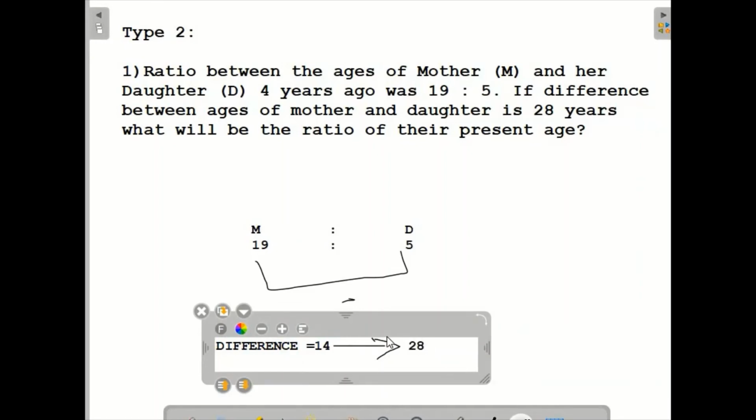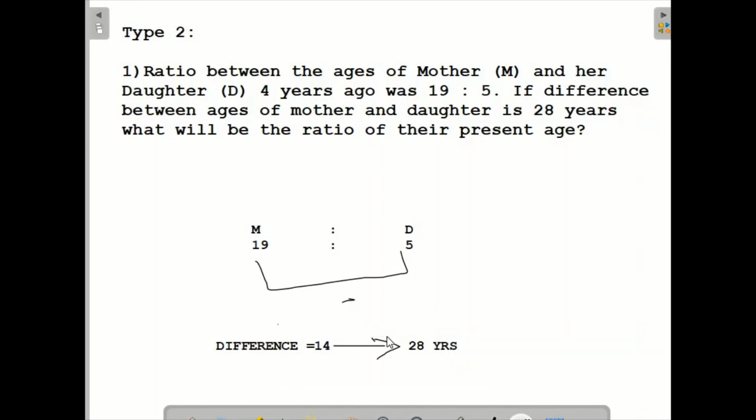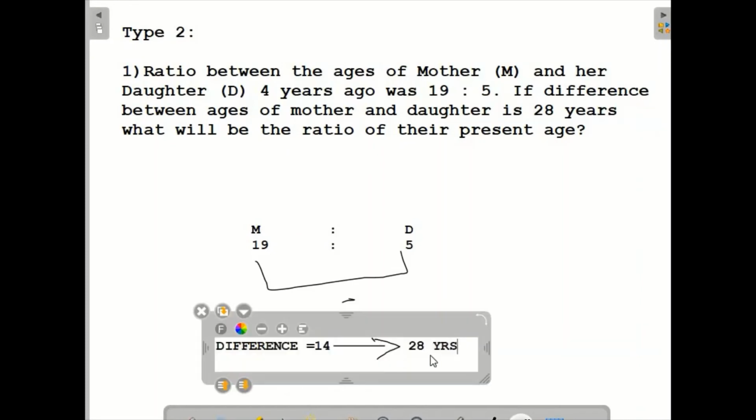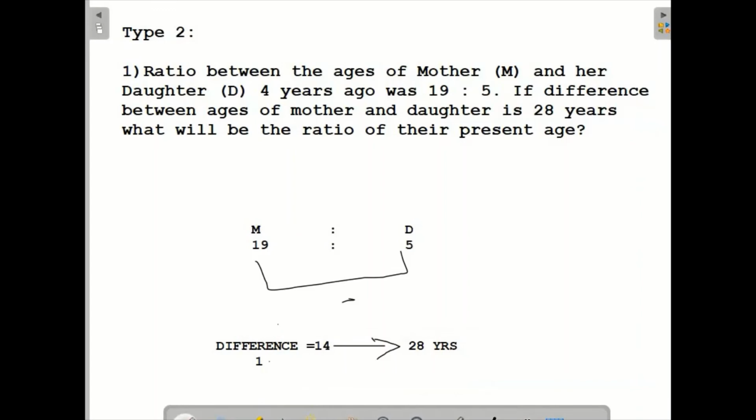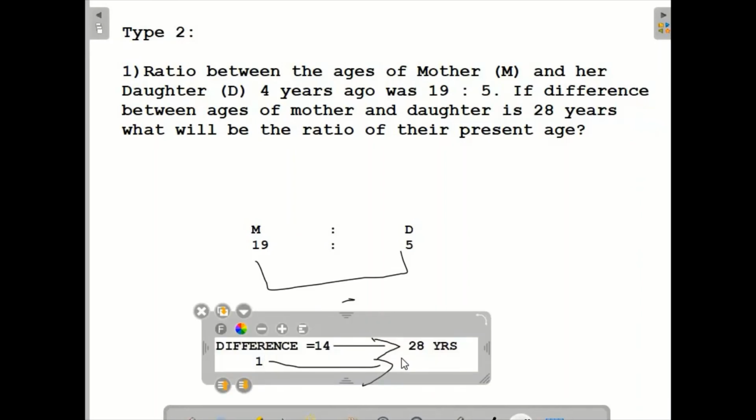So for 28 years, it is 1 to 2. Okay, so we have to calculate 4 years ago.